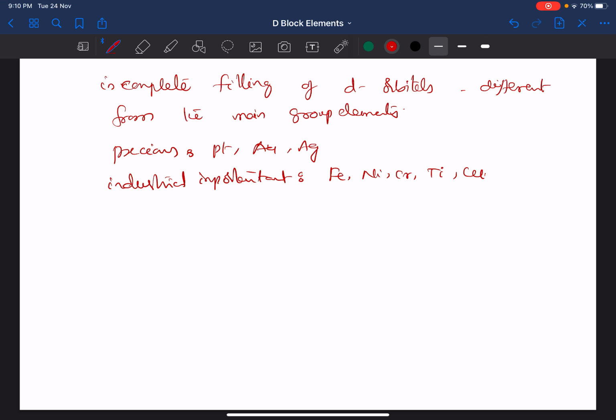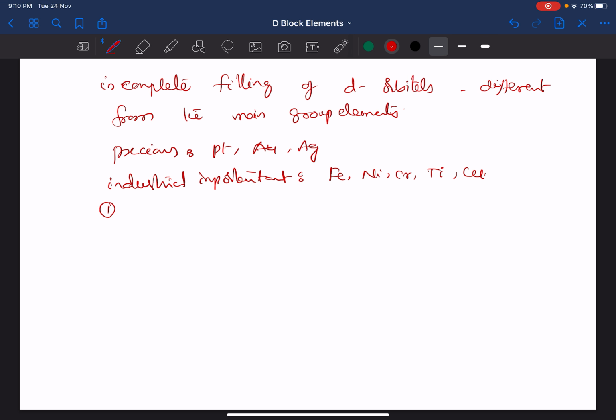And next one, in this chapter we should deal with the electronic configuration and properties of D block elements.